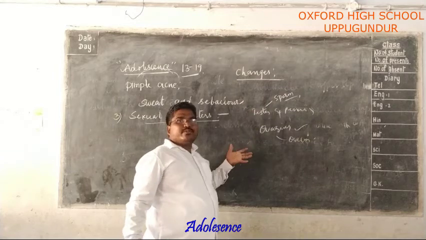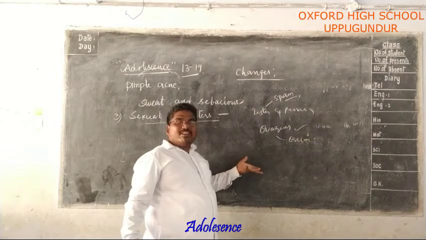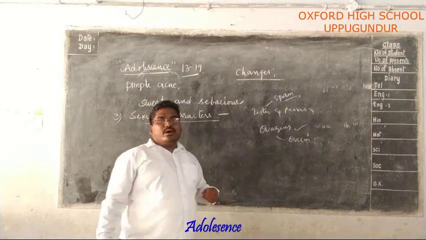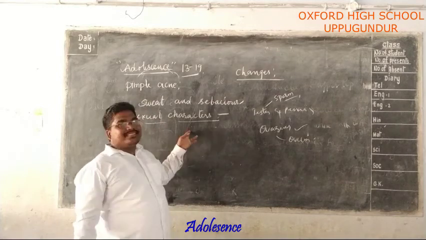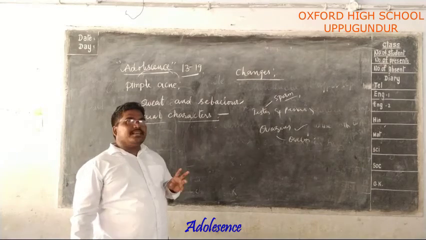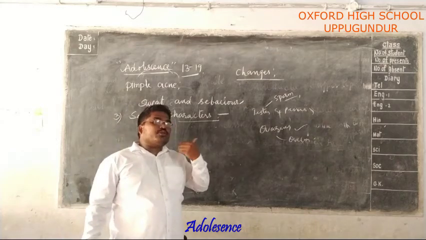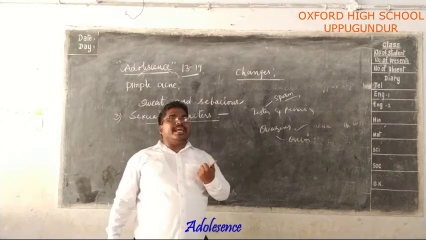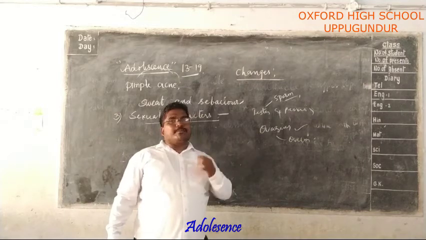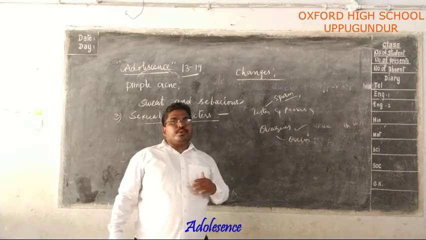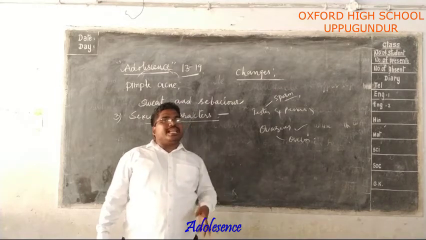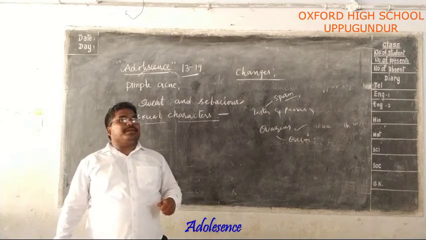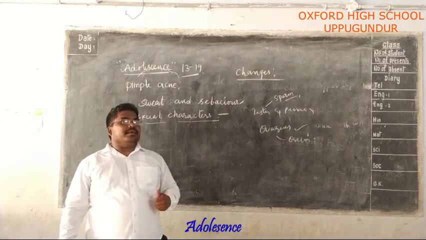In girls, ovaries and uterus are developing, and they release the ovum. Other characters we see in this change are facial hairs growing on the boy's face: mustache on the upper lip, and beard. In girls, the waist region below the navel is developing and the breasts are growing bigger.